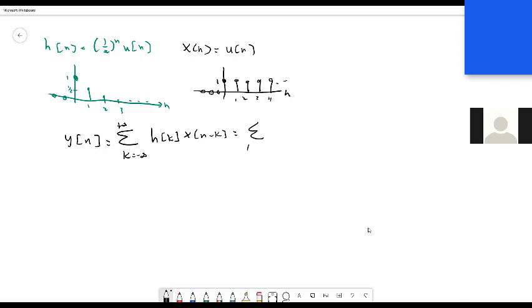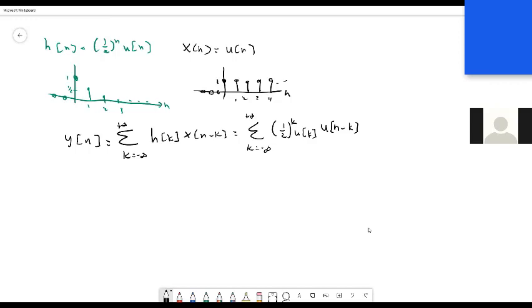And if we write that out, this k goes from minus infinity to plus infinity. Our h of k, if we substitute in k for n, is 1/2 to the k times u of k. And our x of k is just the unit step shifted and flipped with respect to k.